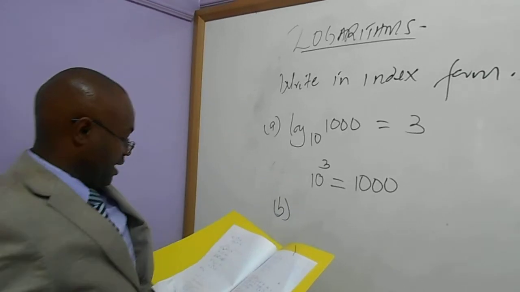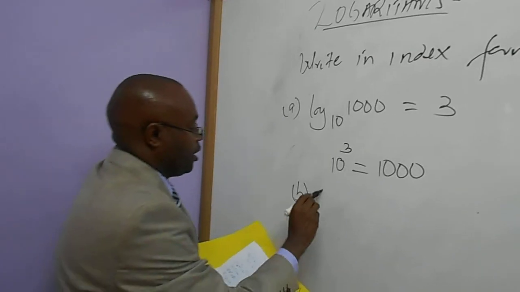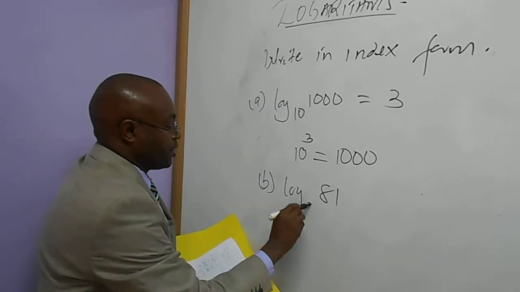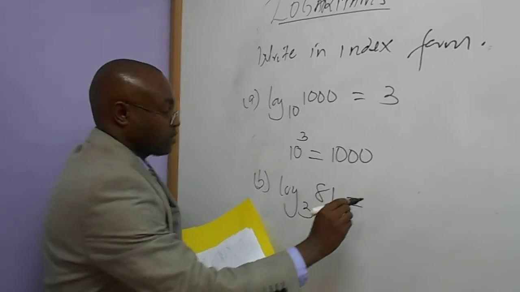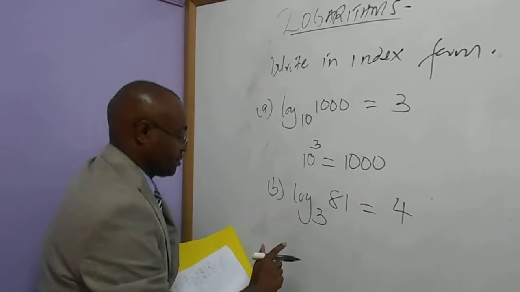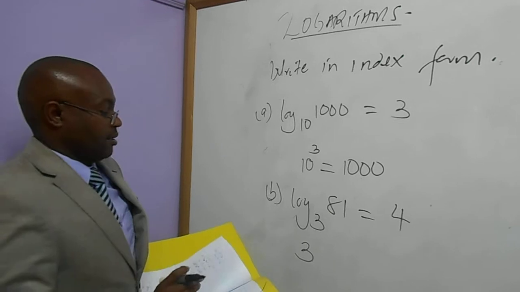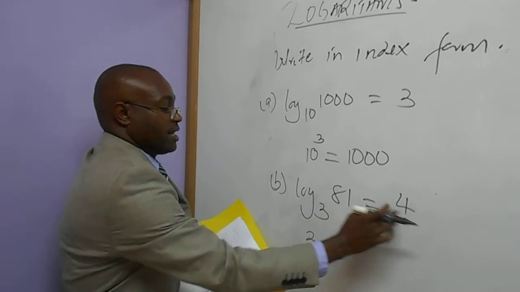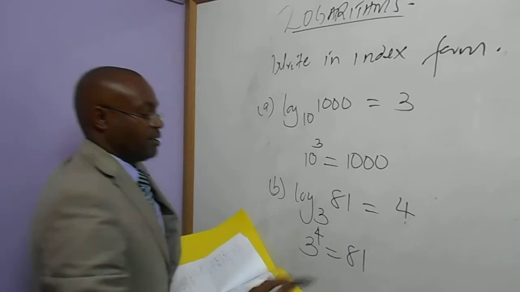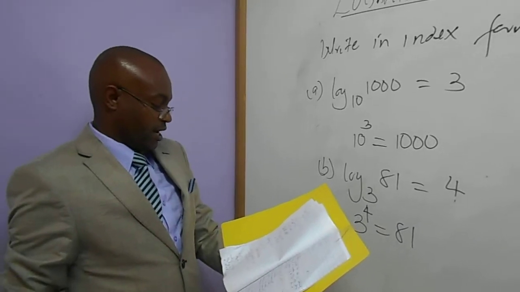We may be given another, log 81 to base 3 is equal to 4. Again, we take the base, which is 3, and raise it to the logarithm, which is 4, equal to the number.